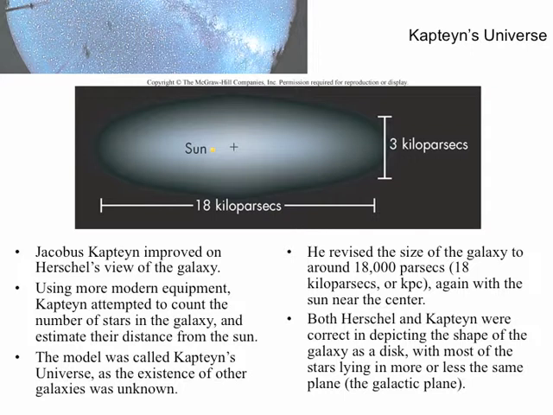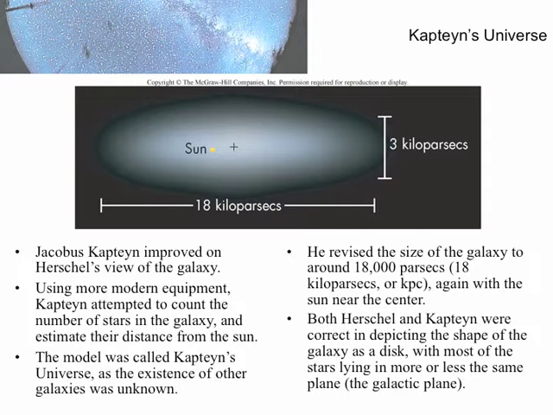Kapteyn tried to improve upon Herschel's original mapping out of the galaxy. Again, this was called Kapteyn's universe because, like I said earlier, we didn't know that other galaxies existed at this point. So he thought he was mapping out everything there was.